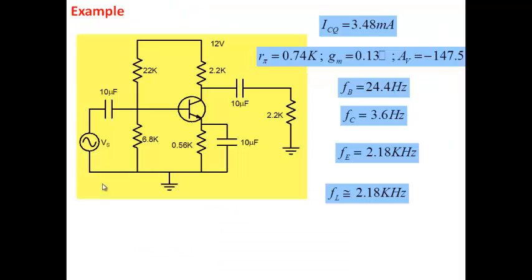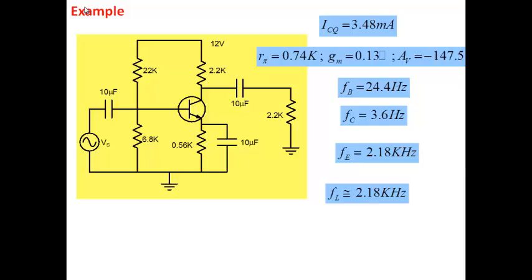At times people have asked, let's say you are doing a design problem and these capacitor values are not given to you, and you have to choose the capacitor values. Suppose I say my amplifier has to work from 1 kilohertz onwards.